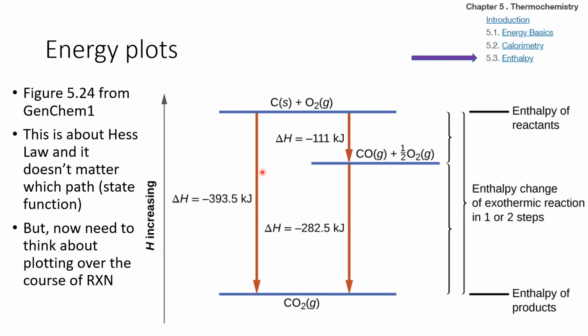But if instead we had combined this solid carbon and this oxygen gas to generate carbon monoxide and still some O2 left over, and then we went ahead and took those intermediate products and combined them to make the final product of CO2, we might have a delta H for this step and a delta H for this step, but it turns out that our overall change in enthalpy between the starting and the end state is independent of how I got there.